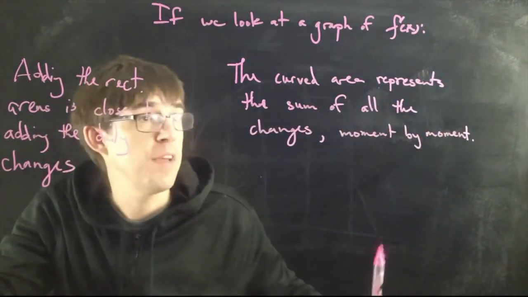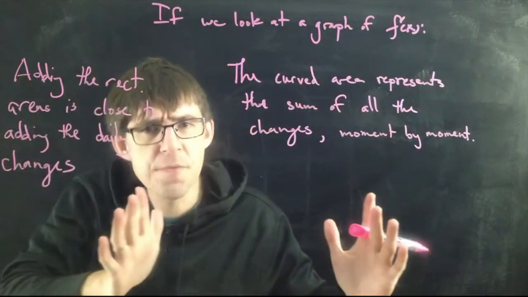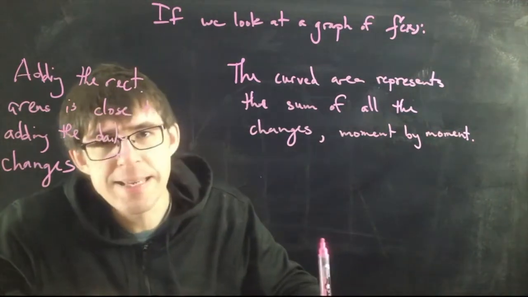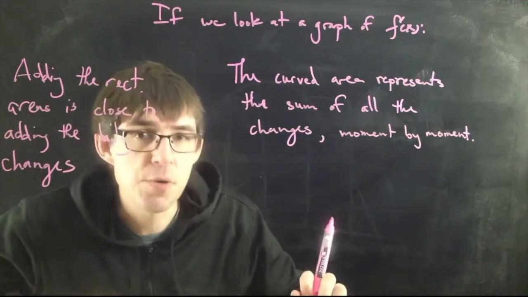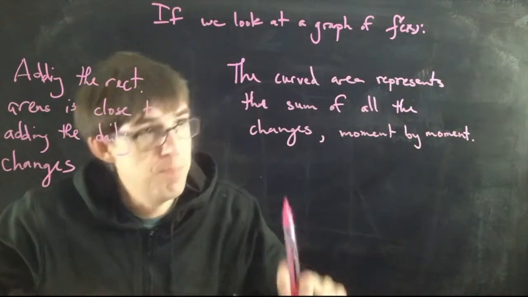The actual curved area represents, you have to imagine, as if you were making those rectangles super duper narrow and taking many rectangles. That's how you could get the most accurate measurement of adding up the daily changes.